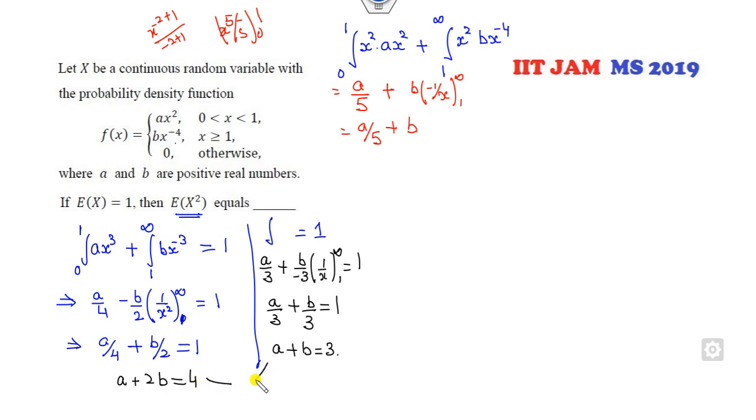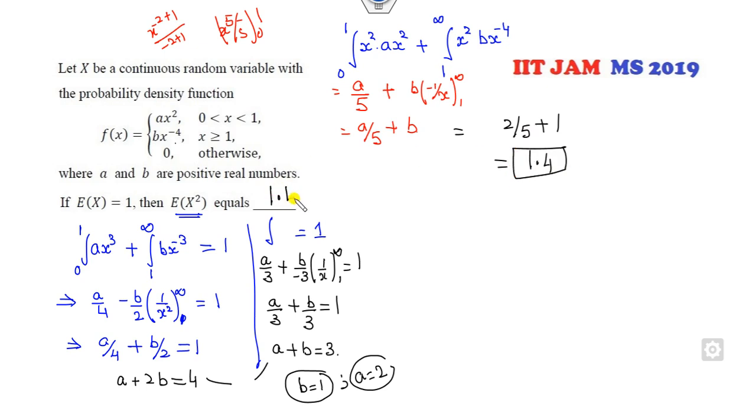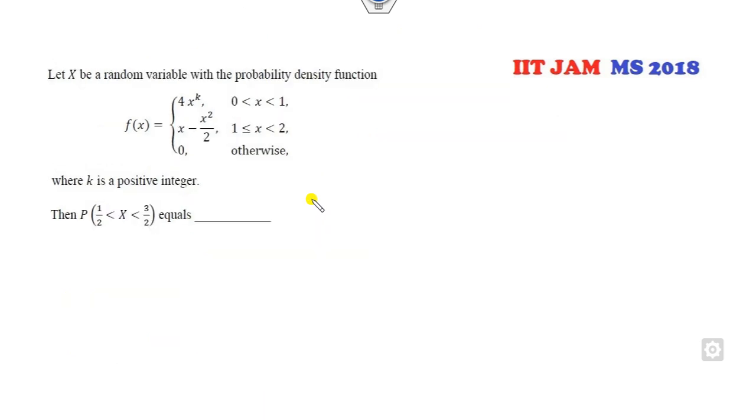So I can solve them, I can subtract them, b will be my 1. Once b is 1, a is my 2. So I can substitute here 2 over 5 plus 1. So 1.4 is the right answer of this problem. You can see it's very simple, you can solve them with simple plus minus calculations.